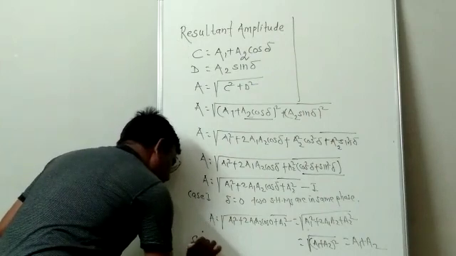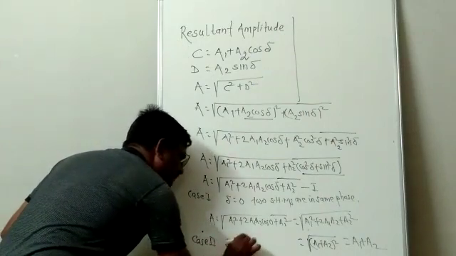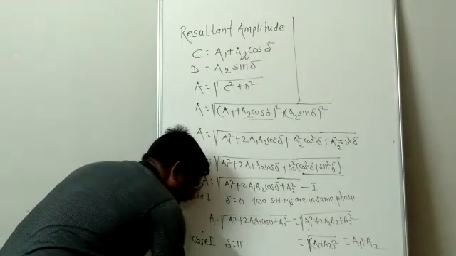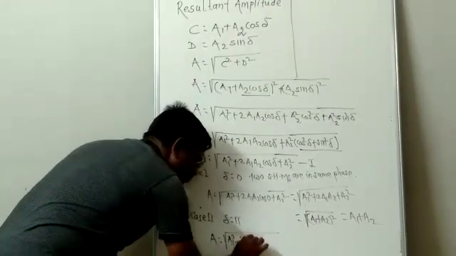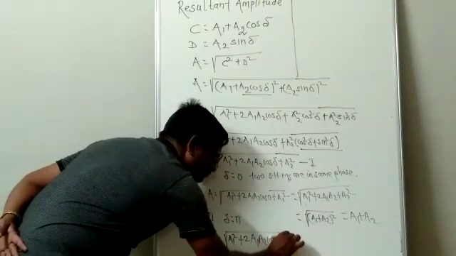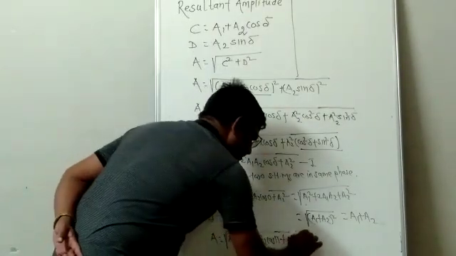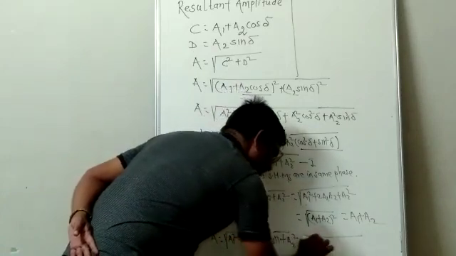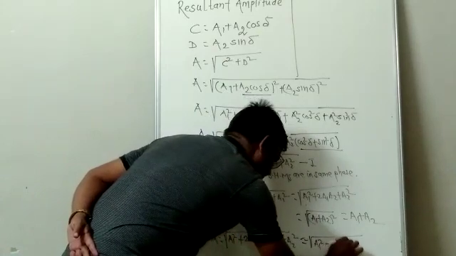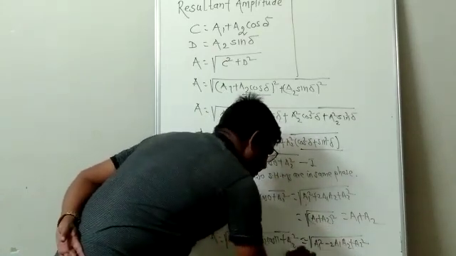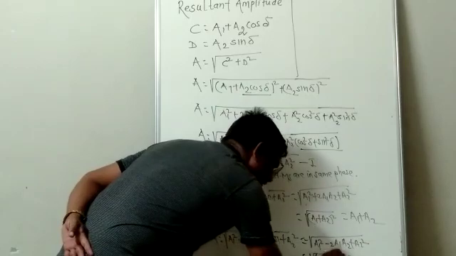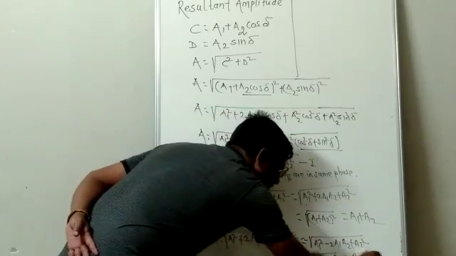Then the equation becomes A is equal to the square root of A1 square plus 2A1 A2 cos pi plus A2 square, which is equal to the square root of A1 square minus 2A1 A2 plus A2 square, which is equal to the square root of (A1 minus A2) whole bracket square, which is equal to A1 minus A2.